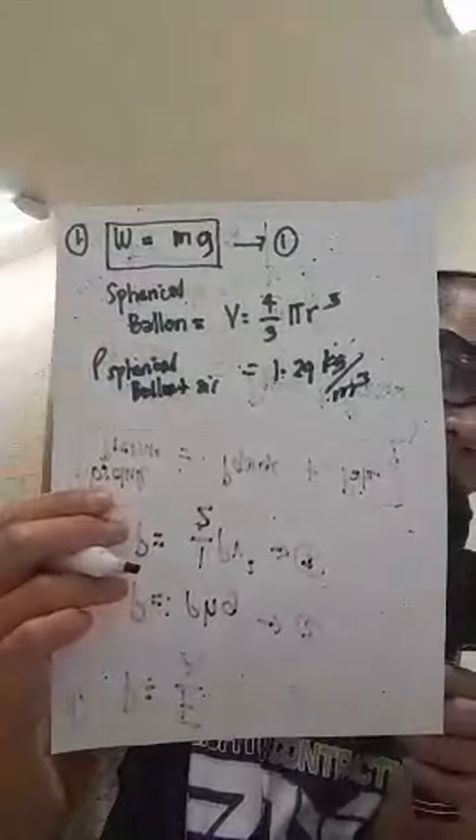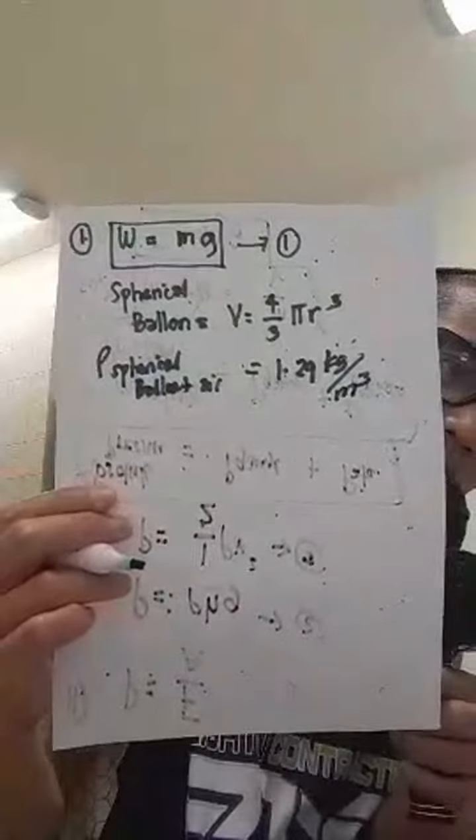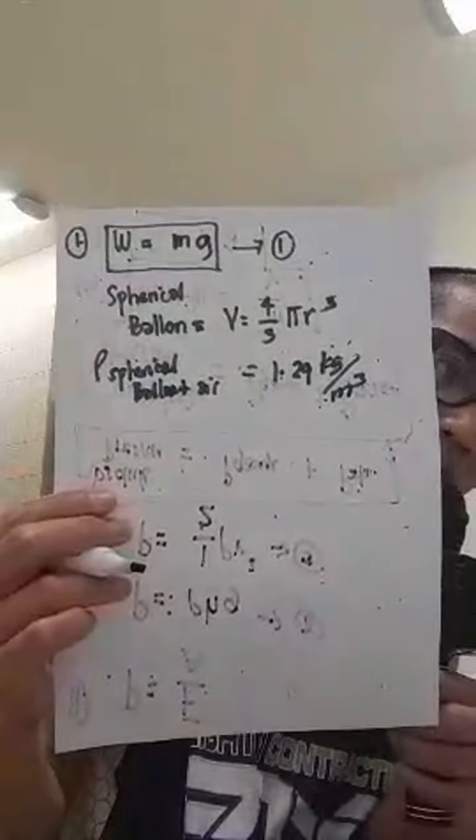And the density of the spherical balloon plus air is equal to 1.29 kilogram per cubic meter. The density of the balloon and the air is 1.29 kilogram per cubic meter.